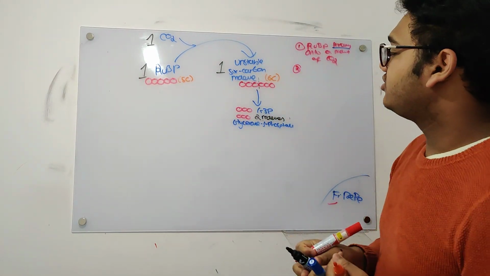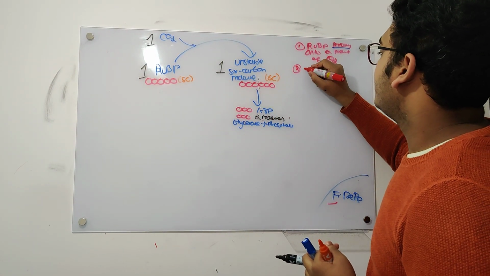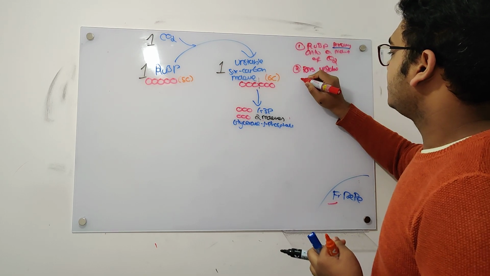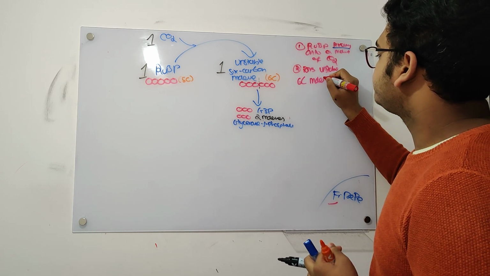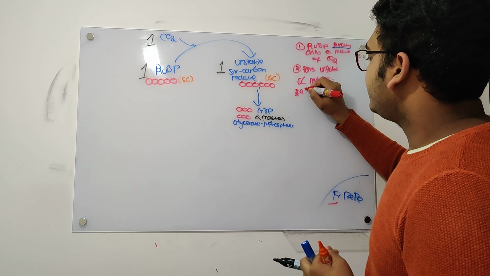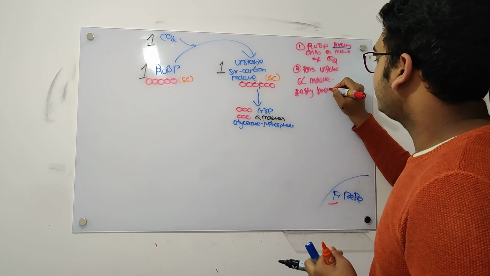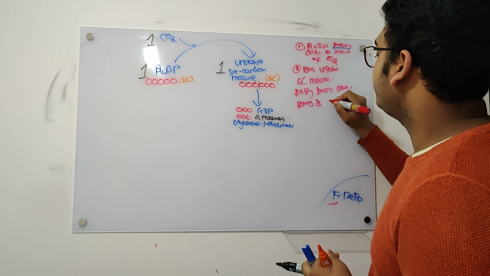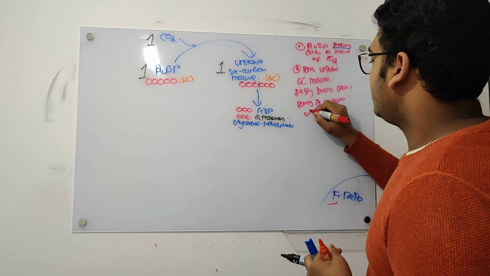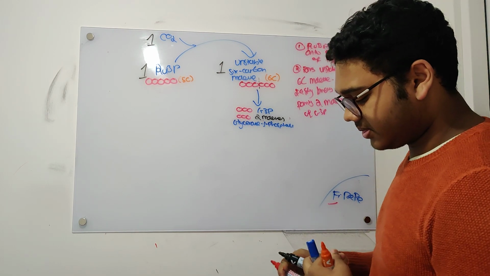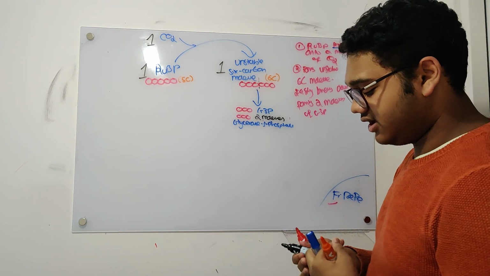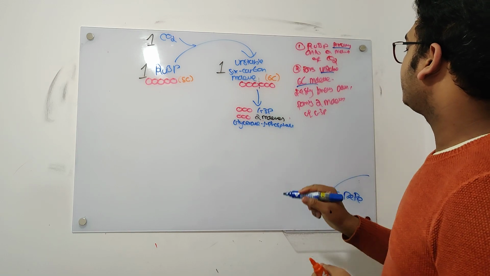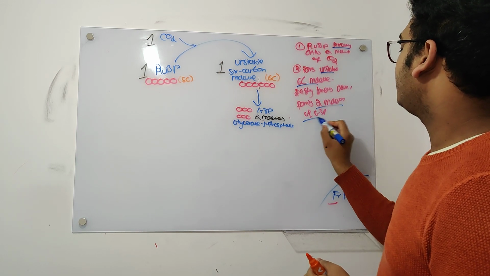So we've talked about the fixation of RuBP. It forms an unstable 6-carbon molecule, which easily breaks down, forming 2 molecules of G3P. Just going to highlight the important parts. So, unstable 6-carbon molecule easily breaks down, forming 2 molecules of G3P.